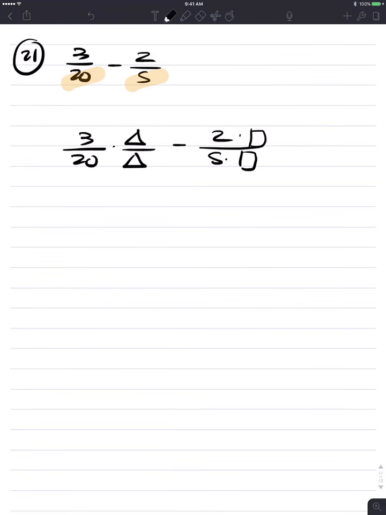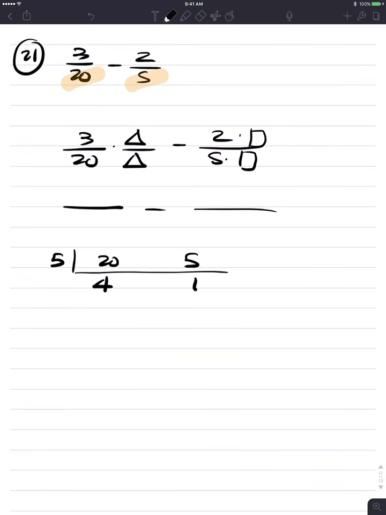We're going to need to know what the LCM of 20 and 5 is. Give me a prime that goes into both of these numbers. You might say 5. 5 goes into 20 4 times with a 0 remainder. 5 goes into 5 1 time with a 0 remainder.